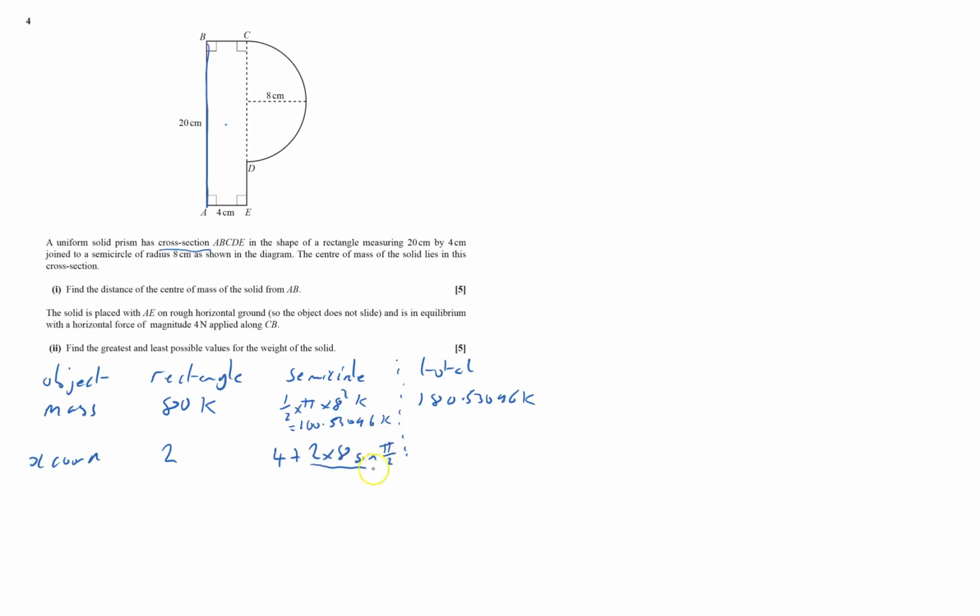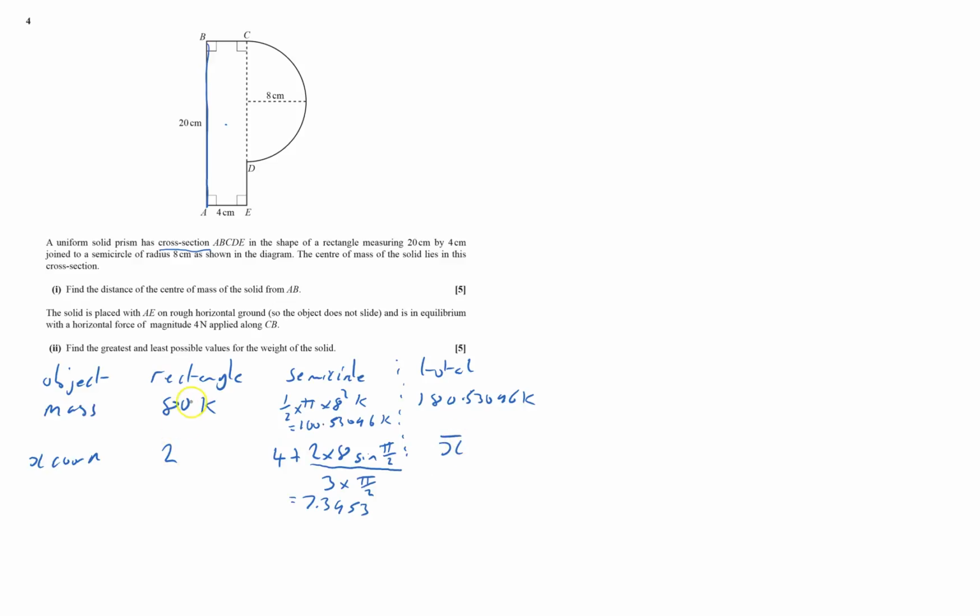And I've got to divide that bit for the centre of mass of the sector by 3 alpha, and alpha is pi over 2. And I'm going to work that bit out, and that bit there is 7.3953, and that is going to be x bar.